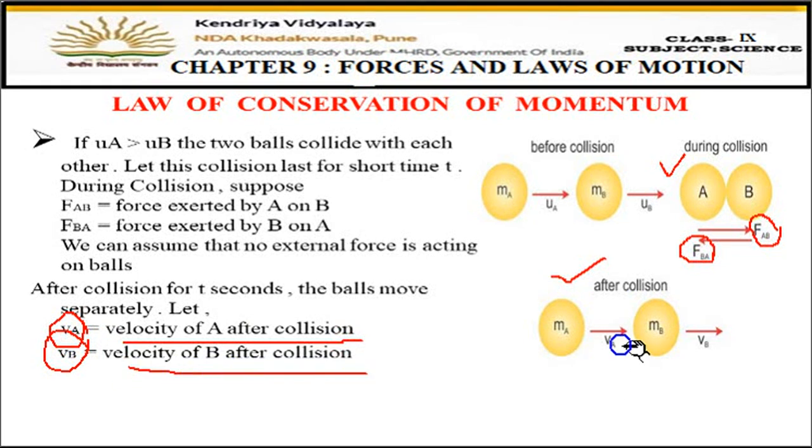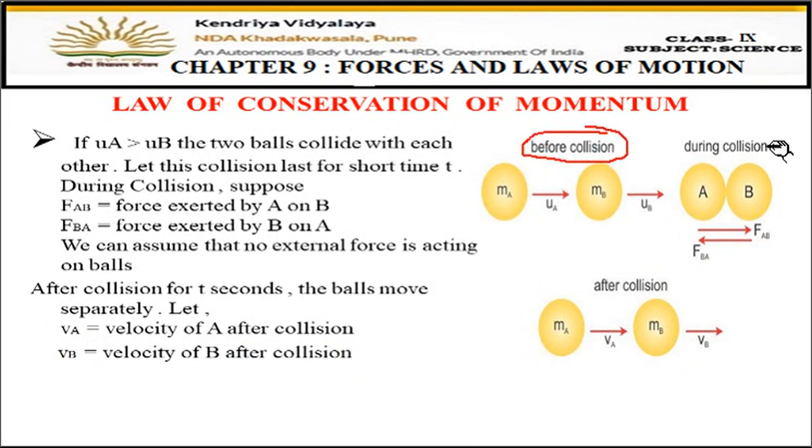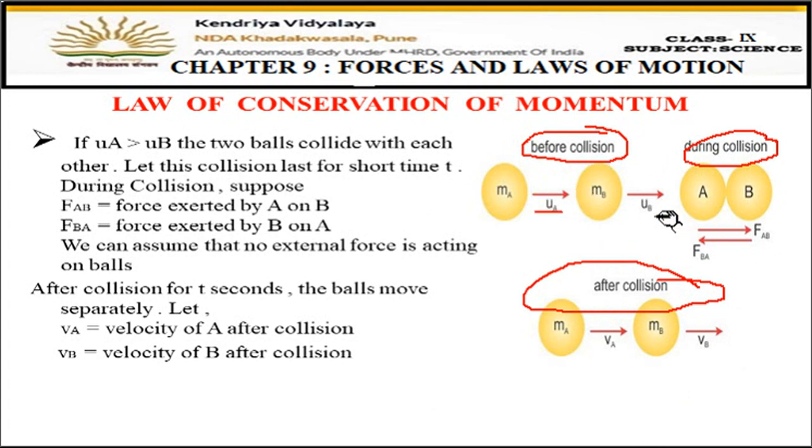In the diagram, three stages are shown: before collision, the initial velocities; during collision, they apply force on each other; and after collision, the velocities change to vA and vB.